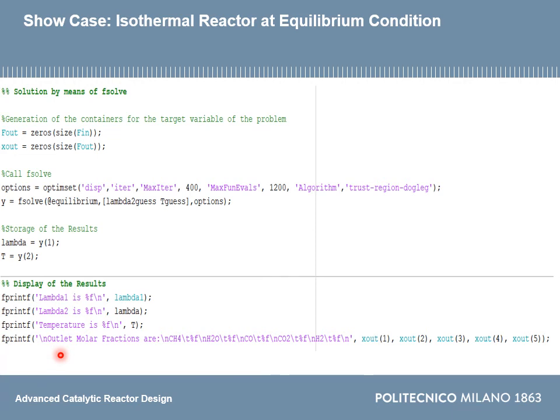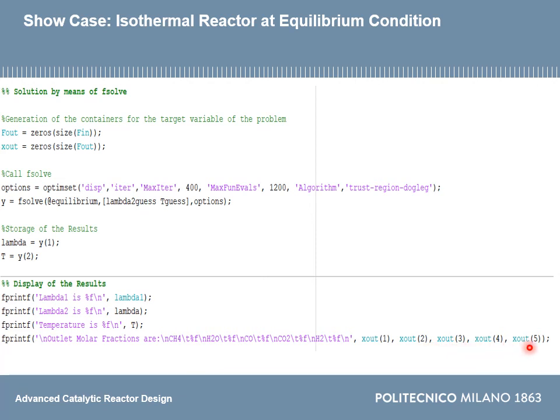It's important to notice that, when we want to put in the text the value of a variable by means of fprintf, we must specify the type of the variable, preceded by %. In this case, f means floating point number, and \n means go to a new line. Moreover, we must specify, after the text, the name of the variable to put, adopting the order of appearance of the variables in the text.